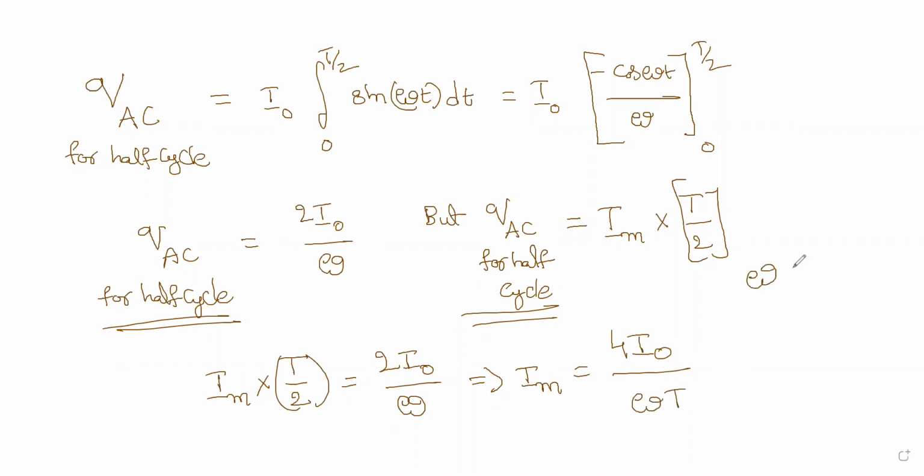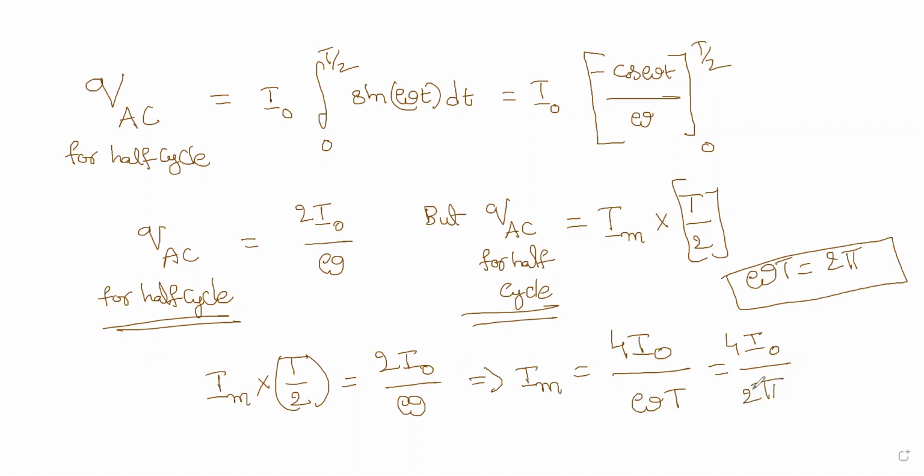But the factor omega t is actually how much? Omega is equal to 2 pi by t, right? So omega t is always equal to 2 pi. So we can substitute: 4 I naught divided by 2 pi.